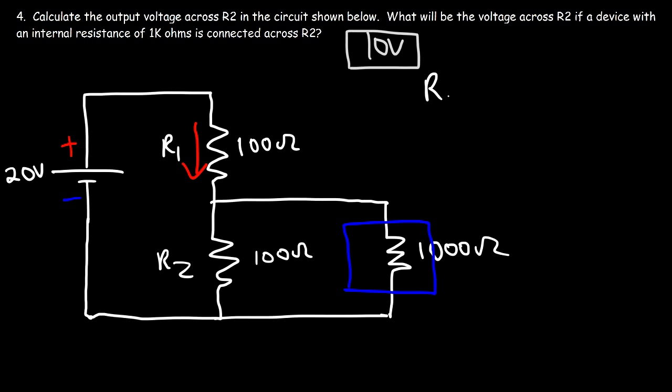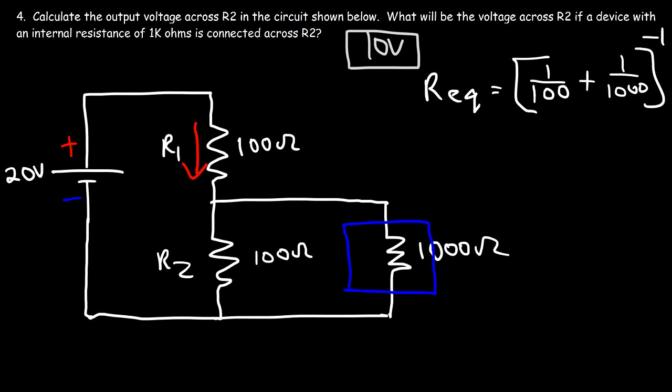And so you could use this formula. The equivalent resistance is going to be 1 over R2, that's 1 over 100, plus 1 over the internal resistance value, so that's 1 over 1,000, and then raise it to the minus 1. So the equivalent resistance is 90.9 ohms.